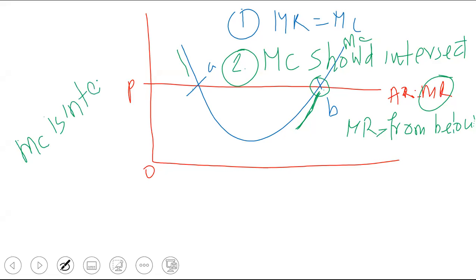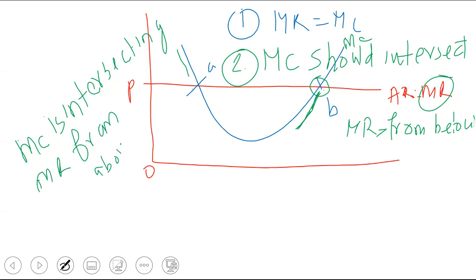MC is intersecting MR from above. Okay, so this is wrong. How should MC cut? MC should intersect MR from below. Look from below.